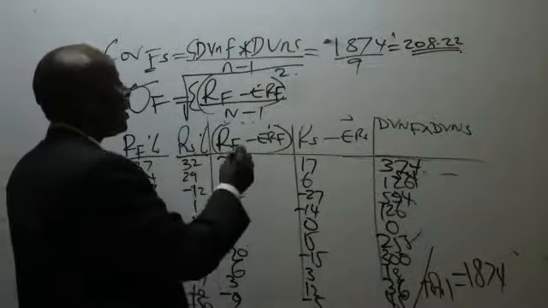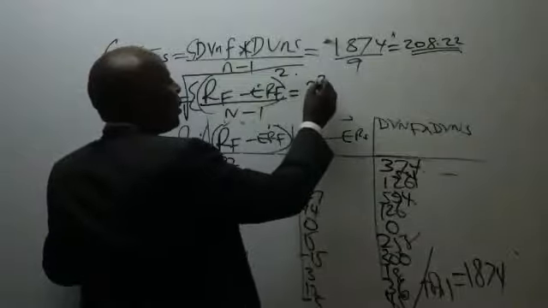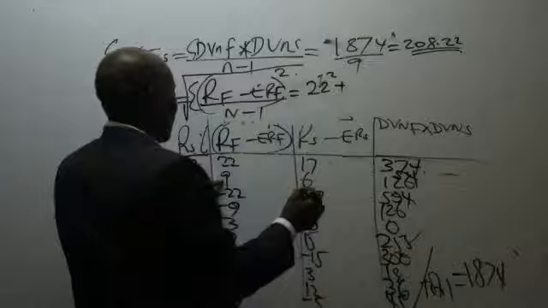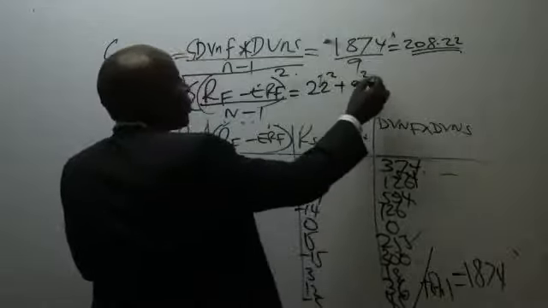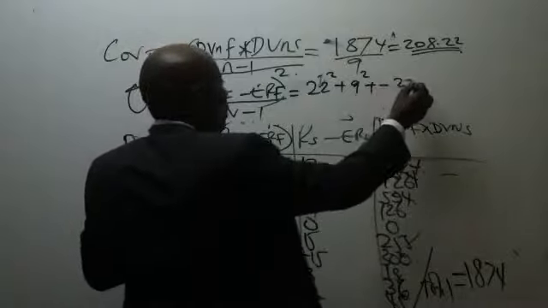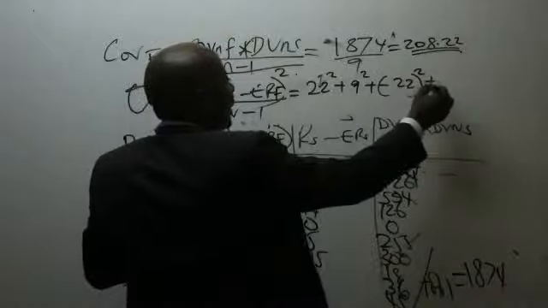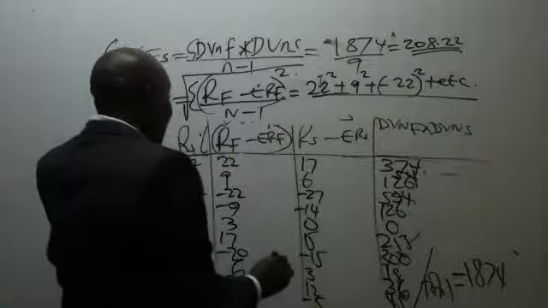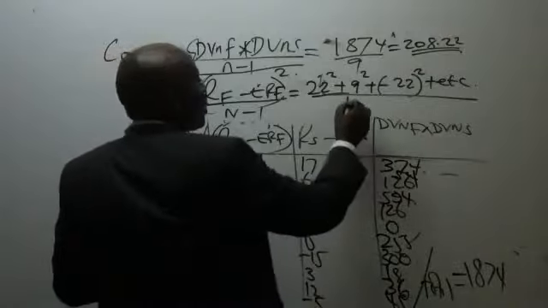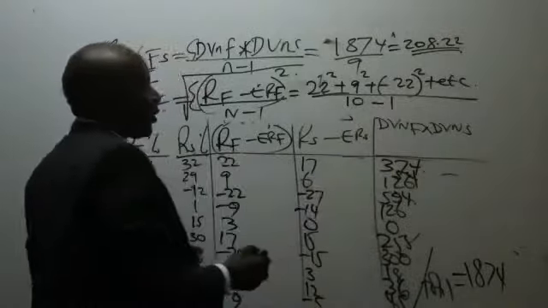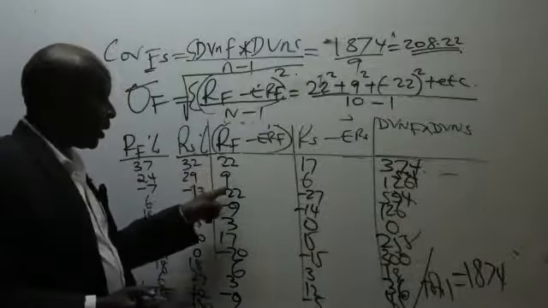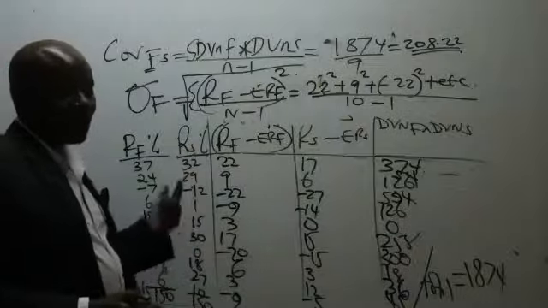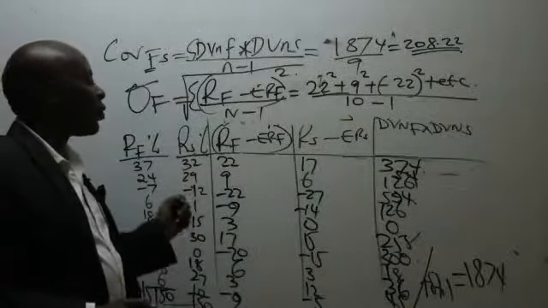For example, 22 squared plus 9 squared plus minus 22 squared plus etc. Whatever I will get, I'll divide by 10 minus 1. You can create a column for squaring, but the very best is for you to get a calculator.